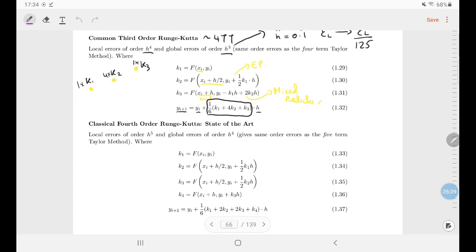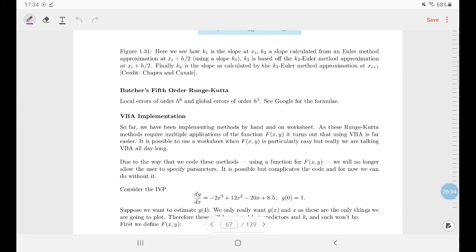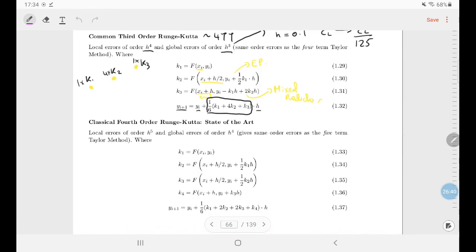Now, why don't we go to 5th order and 6th order? Well, you can, but as you get more and more accurate, the number of calculations increases quite a lot. I'm not sure exactly what happens, but my feeling is that when you make loads of these calculations on the computer, you've got an issue with computational time, and the more calculations you make, the rounding error becomes a factor.